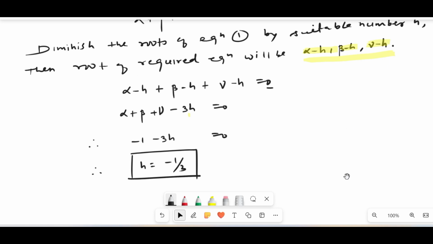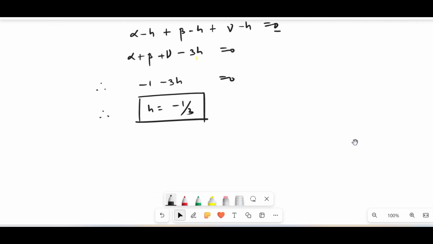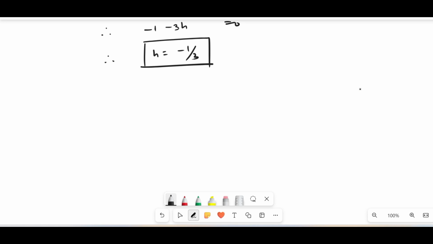So now we will use the Horner process. We can use synthetic division or the Horner process, both.